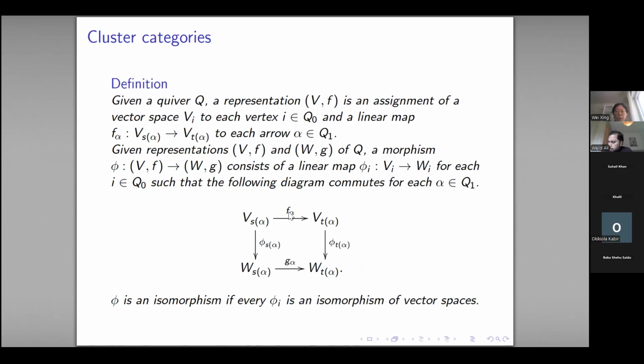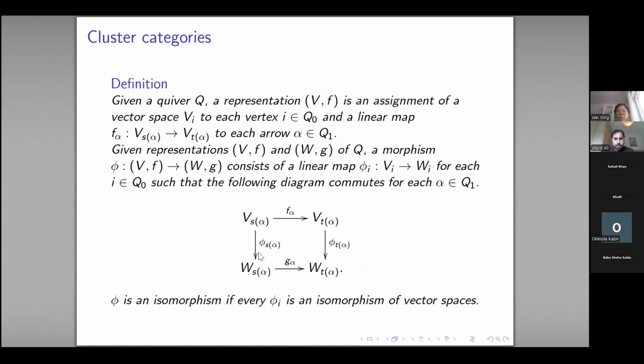So if we look at the first row of this diagram, we have an arrow alpha that goes from the source of alpha to the target of alpha, and a representation V is the assignment of V_s(alpha) and V_t(alpha) here with a map f_alpha. And another representation W is another assignment of vector spaces and linear maps.